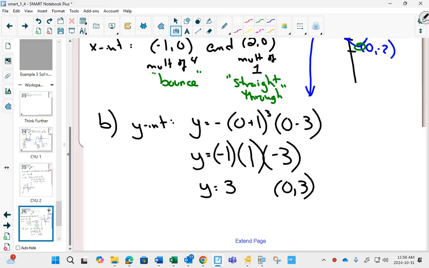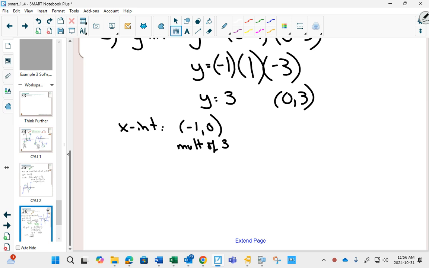So now for your x-intercepts, since it's already factored, can you see that one x-intercept is going to be at -1? And this one has a multiplicity of 3. Cool, I was going to write flattened out, but bends is less to write.